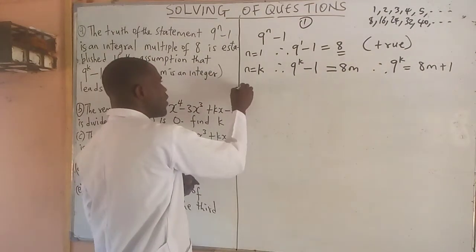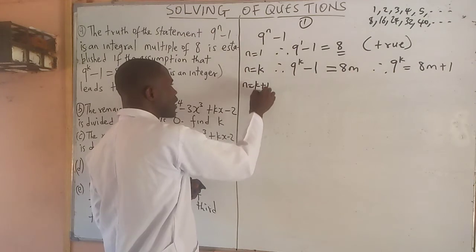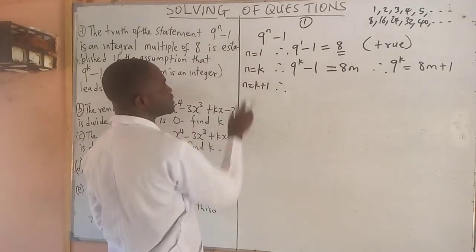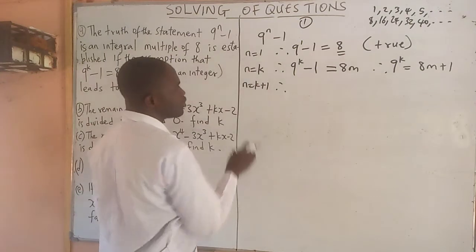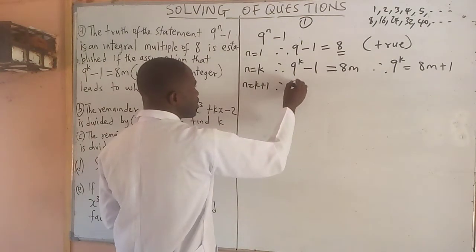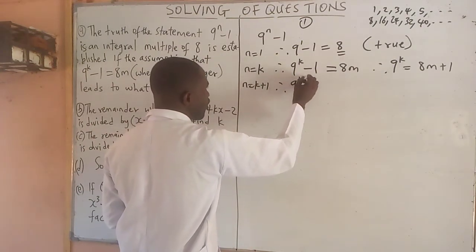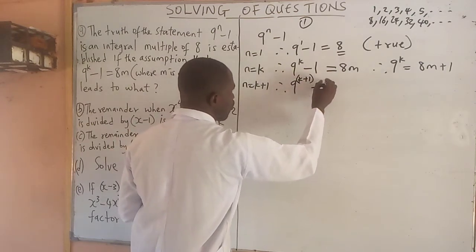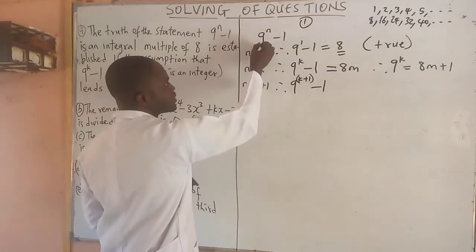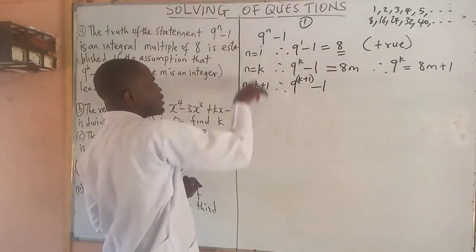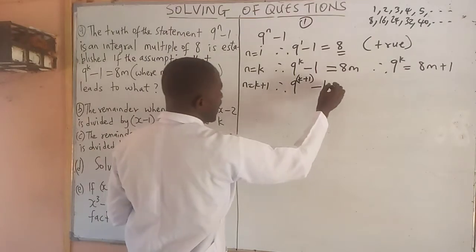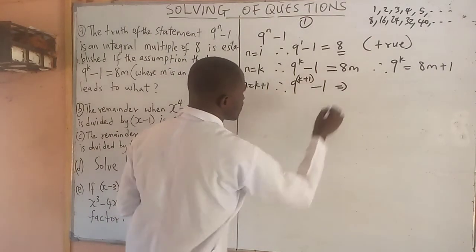Yes. When I say when n equal to k plus 1, it will also be true as well because n equal to k is obviously true. So when I say 9 raised to the power k plus 1, then minus 1, because the information says when you replace n with k plus 1, put minus 1, equals to what?